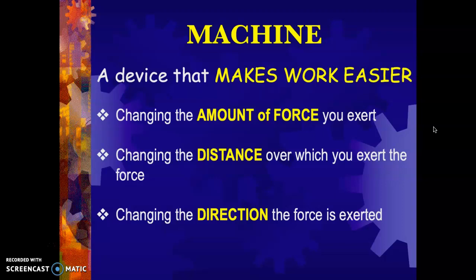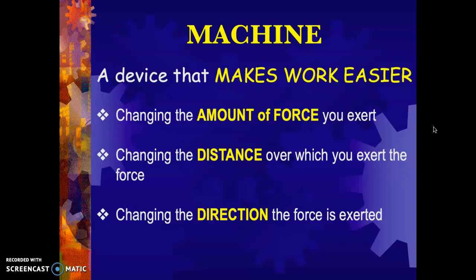Hook that up to the object and then run the rope or line through the pulley, and then this way we can pull down on the rope and lift the object up to the desired height. So again, three ways to make work easier. That is to change the amount of force, change the distance, or change the direction.